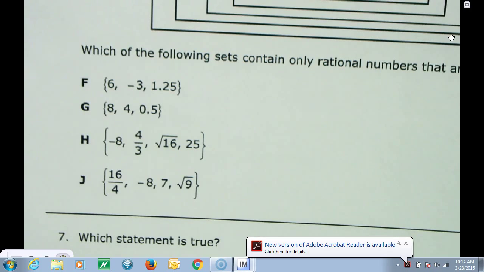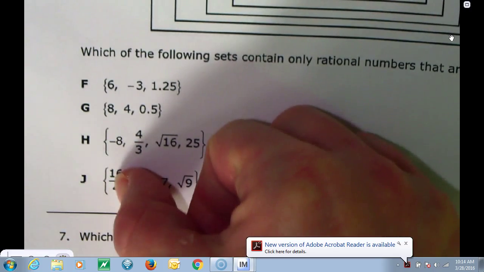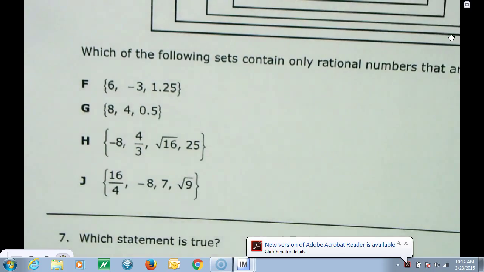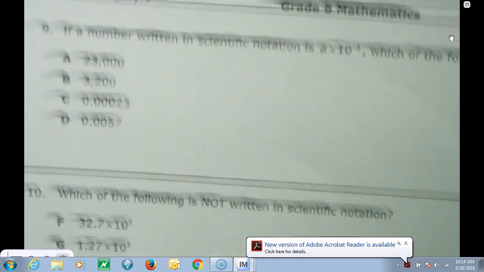Which set contains only ones that are integers? F, G, H, J. Why is it J? What does that equal? 4. Negative 8's an integer. 7's an integer. What's square root of 9? 3. Good job.